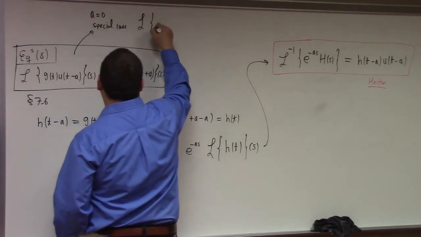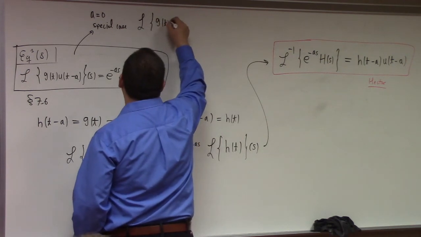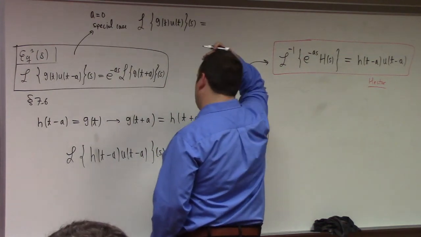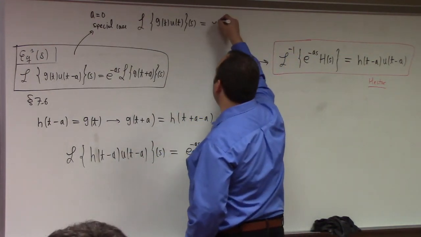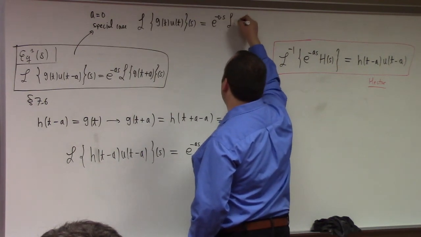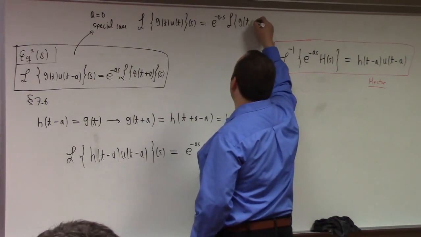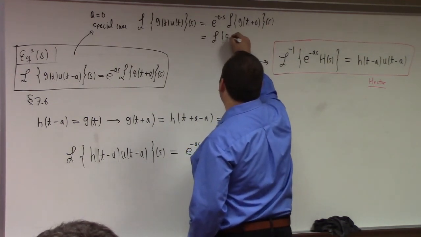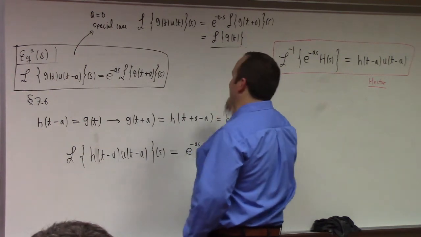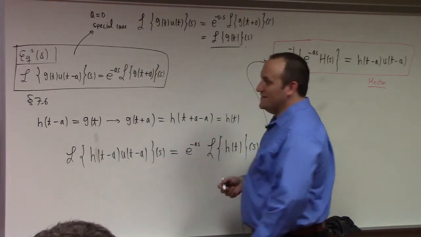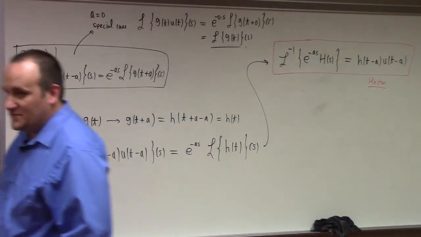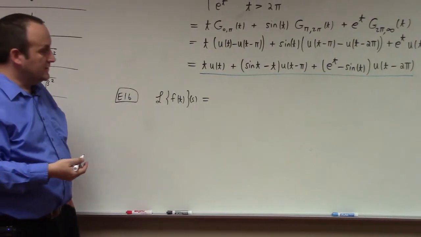What's the Laplace transform of g of t times u of t? Kind of silly to even write what I'm writing. I'm just writing it once to get it out of our system. As you can see, nothing happens, right? So don't sweat taking the Laplace transform of a function times the unit step function at 0. That's essentially built into our formalism already.